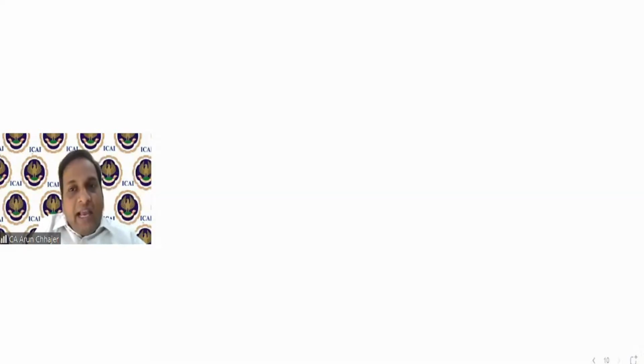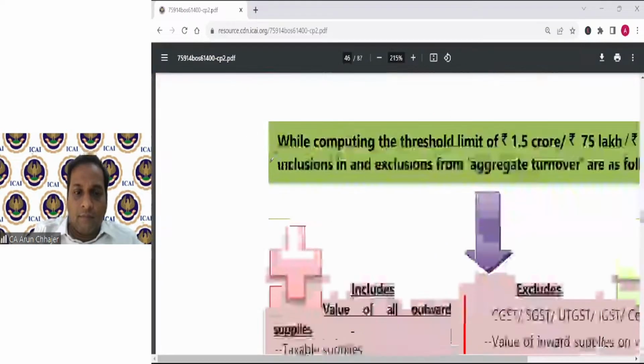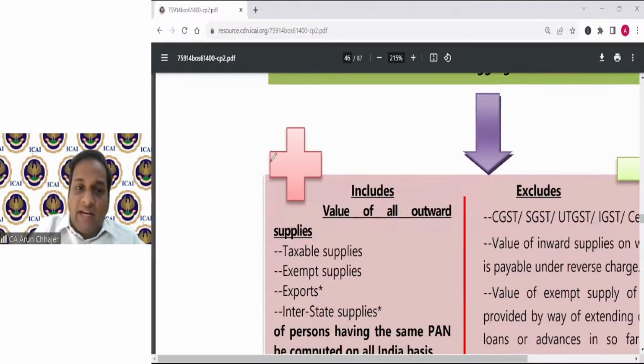So are we adding the exempted supply in the calculation of aggregate turnover? Answer is yes. I'm asking a normal question. Now this is not with respect to only composition. Are we adding the aggregate exempt supply in the calculation of aggregate turnover? The answer would be yes. We have discussed just now that we will add taxable supply, we will add exempt supply also.